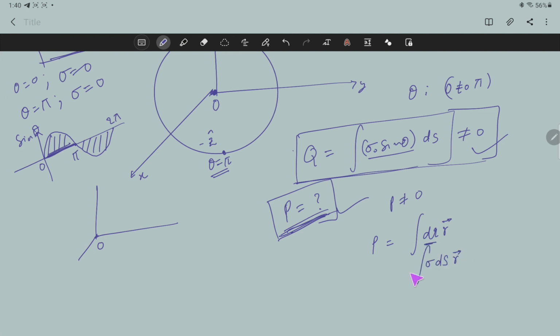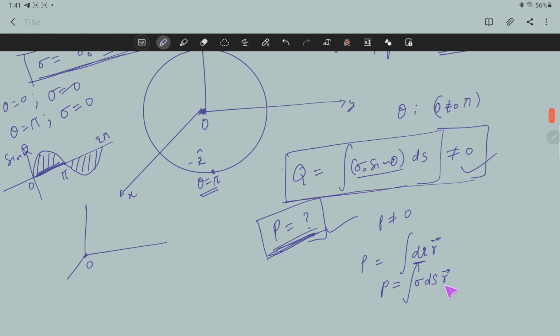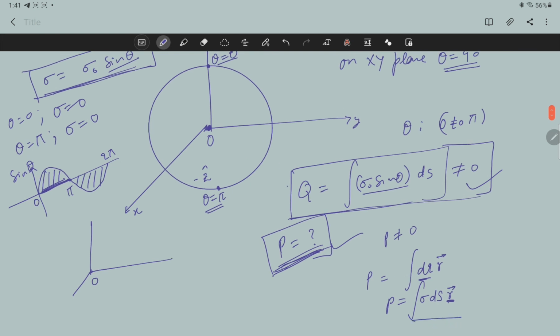If you have chosen your origin at the center, every r vector will have a corresponding opposite vector, which will cancel in the integration, since you are integrating over the whole surface.